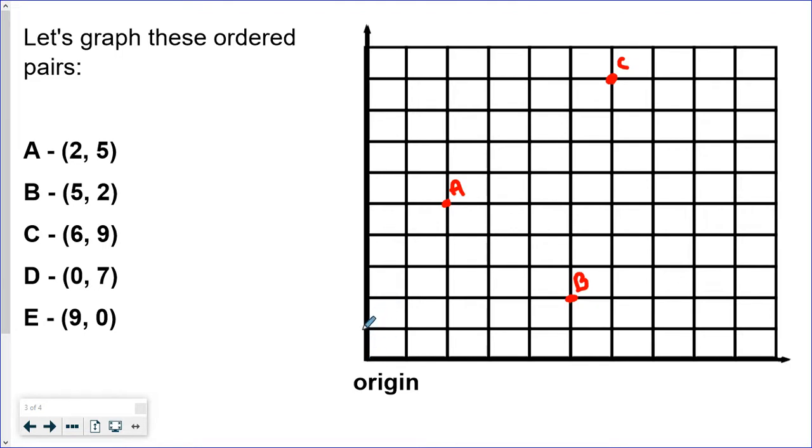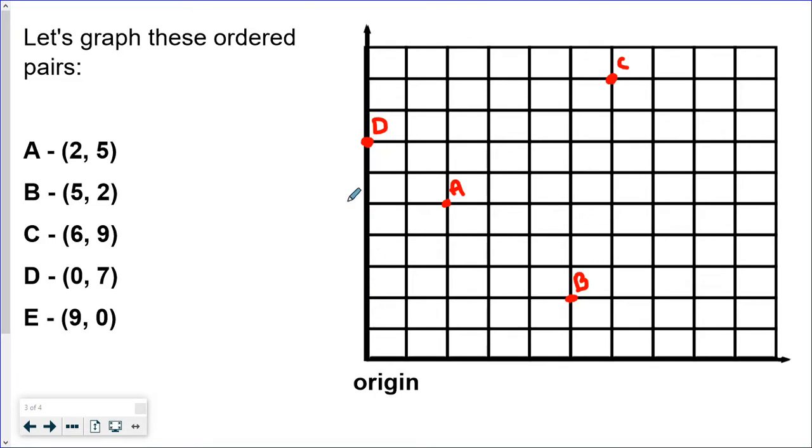So let's start at the origin. 1, 2, 3, 4, 5, 6, 7. And so that would go right on this line right here, and that's going to be letter D. So you're noticing, 5th graders, that if the x is 0, your point should be on the y-axis.